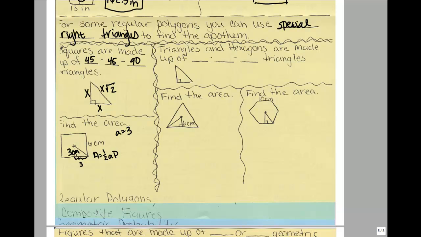The apothem is 3. The perimeter is 6 times 4, which is 24. So it's half 3 times 24, which is 36 centimeters squared.